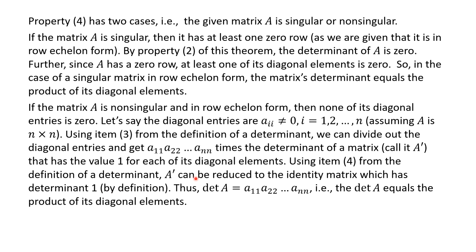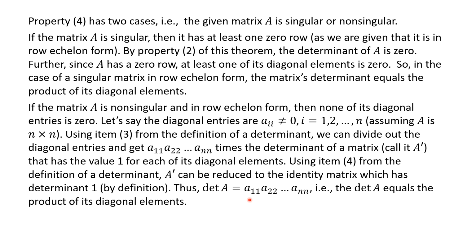Now, the reason we can do this is if you have ones along the diagonal, you can use those ones with row operations to eliminate all the non-zero elements above them, and that doesn't change the value of the determinant.